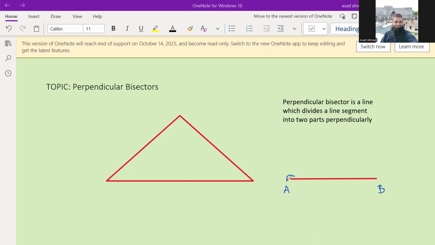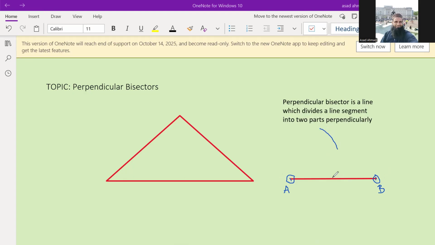For example, we will take the end points A and B. These two points will be where we place the nib of the compass, and we have to open the compass more than half of the length of AB. Even we can take the full length of the entire line segment AB.